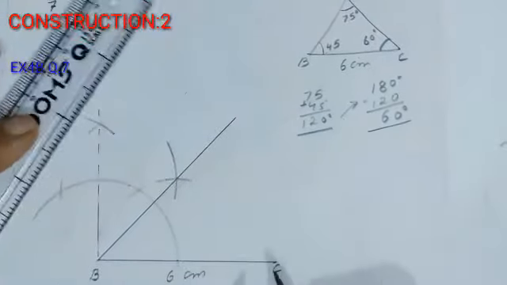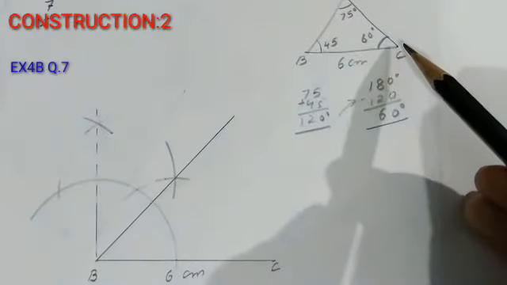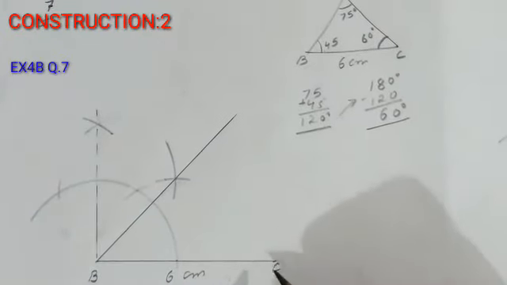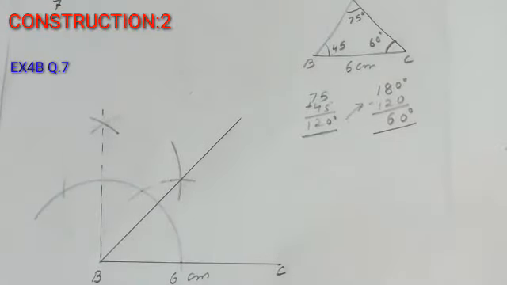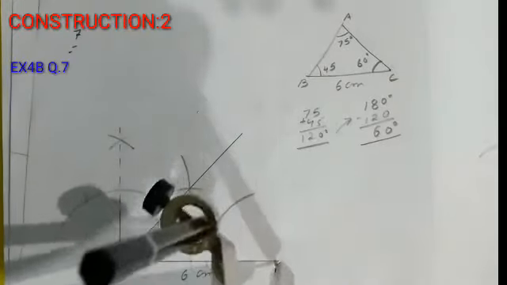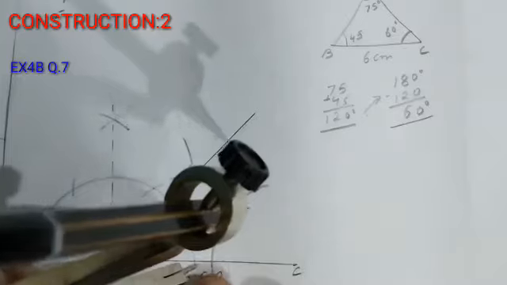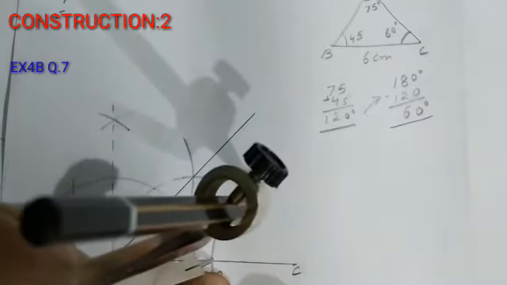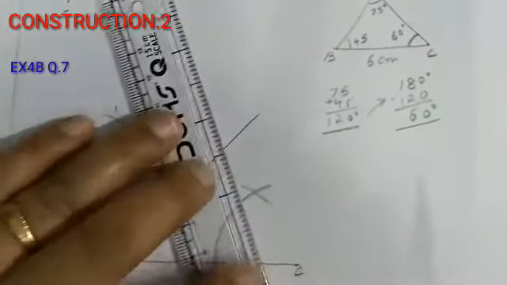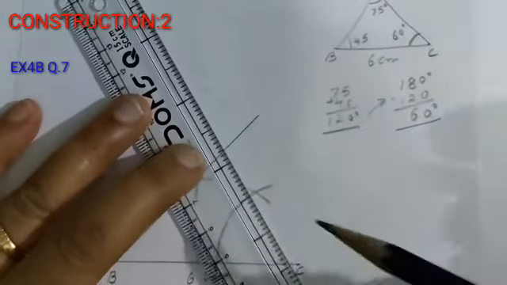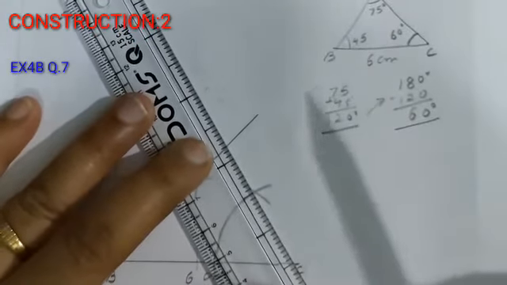Now let's move to step 3. Angle C is 60 degrees. So at C, let's make an angle of 60 degrees. Where the arc meets the line, from there give an arc of 60 degrees and complete step 3 by joining C to the point of intersection and extending the line.